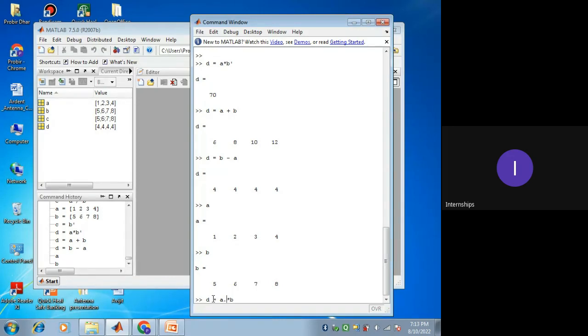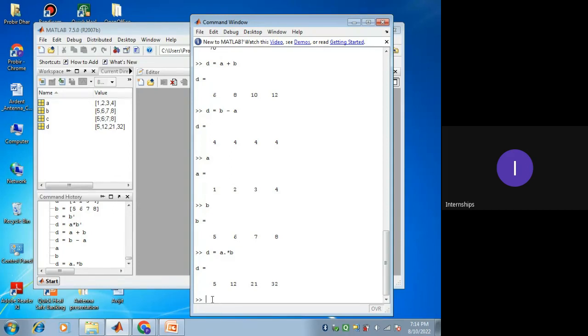If we put one dot here, that means element-wise multiplication. 5, 12, 21, and 32.